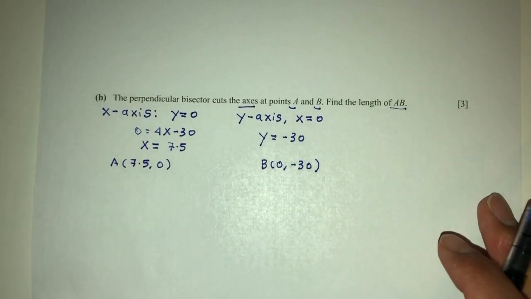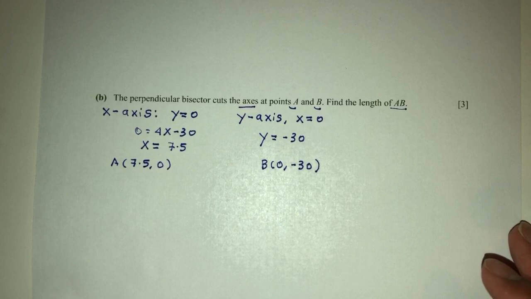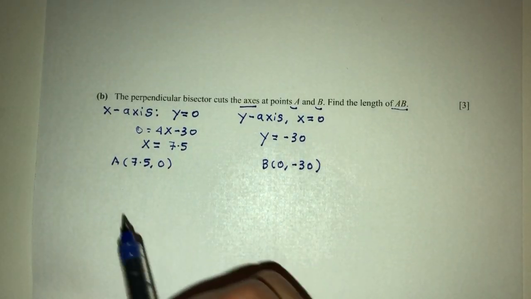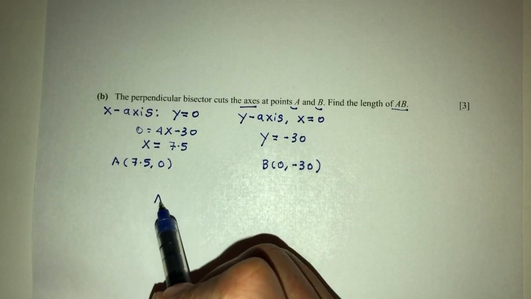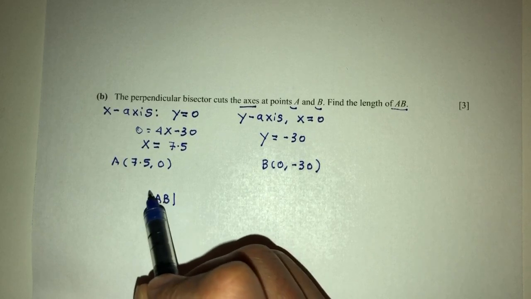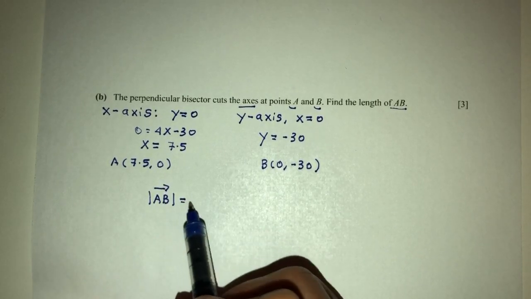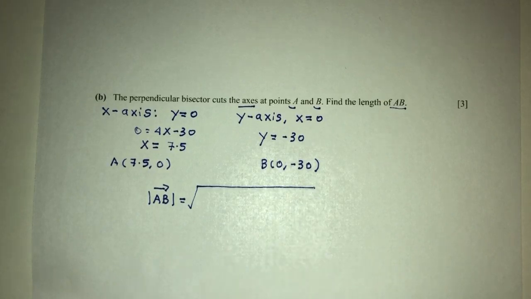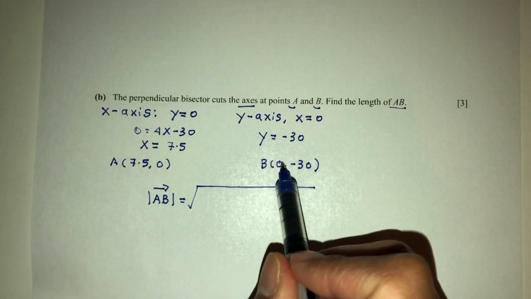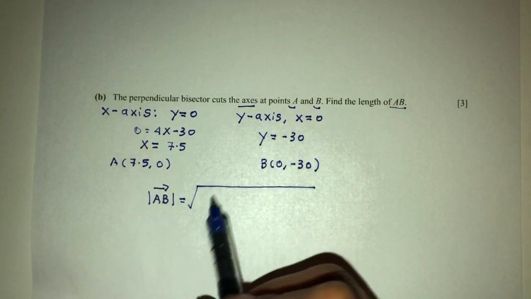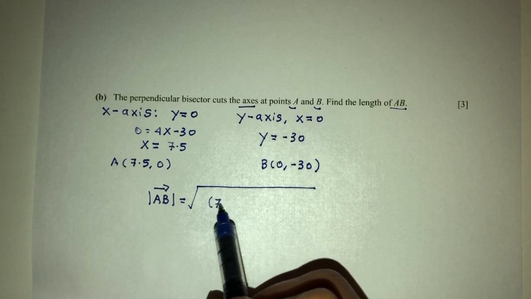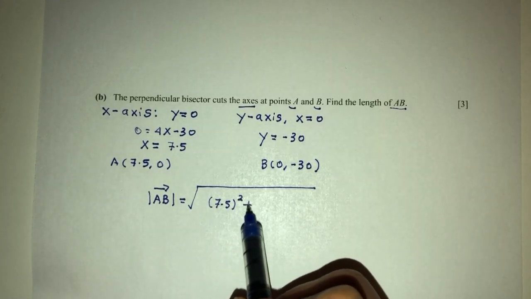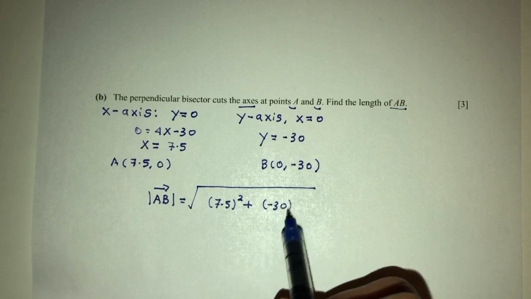Now we have to find the length between those 2 points. Pretty easy. We can just use the distance formula. So AB is the square root of x2 minus x1, that will be minus 7.5 squared, plus minus 30 squared.